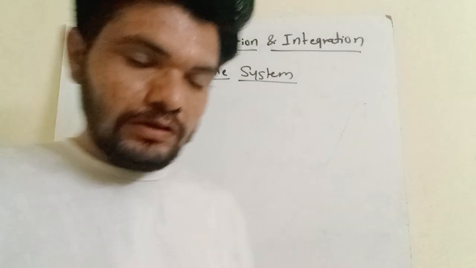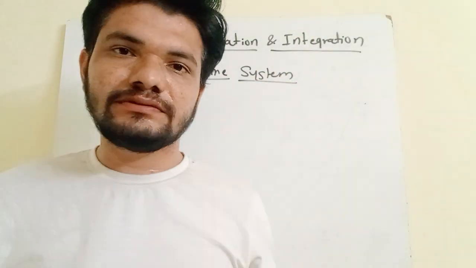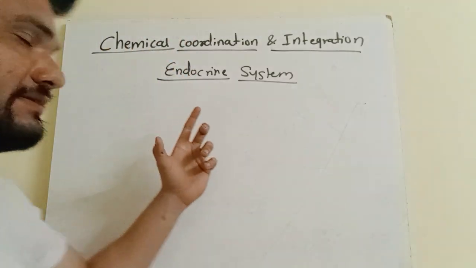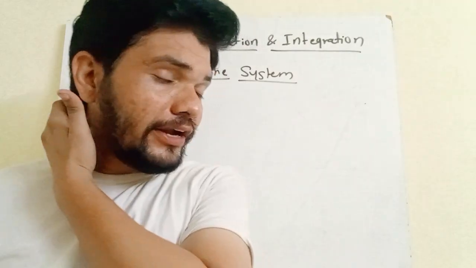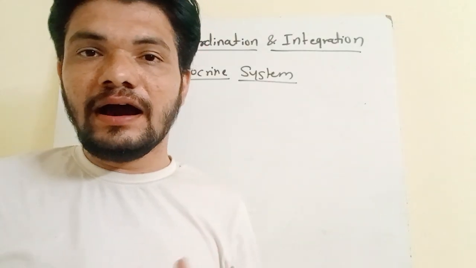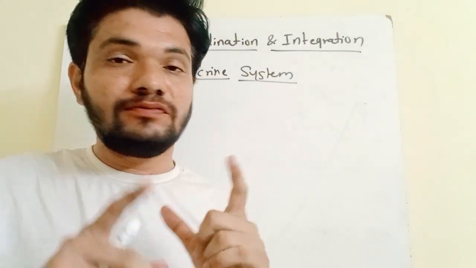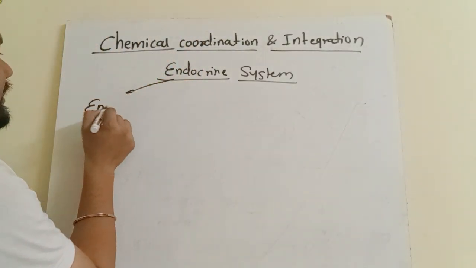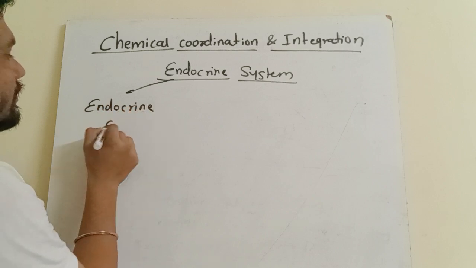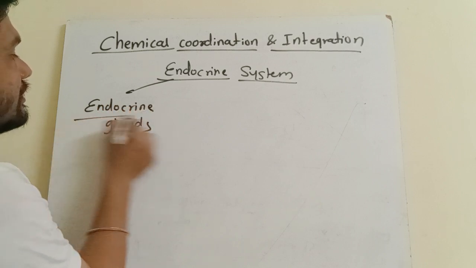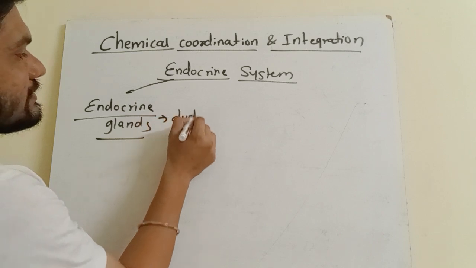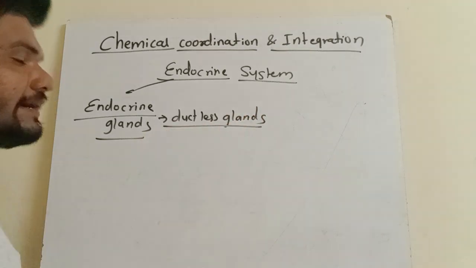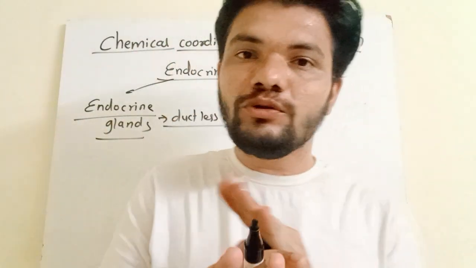Now let's understand what endocrine glands and the endocrine system are. The endocrine system consists of endocrine glands, which are also called ductless glands, which means they do not have any duct.